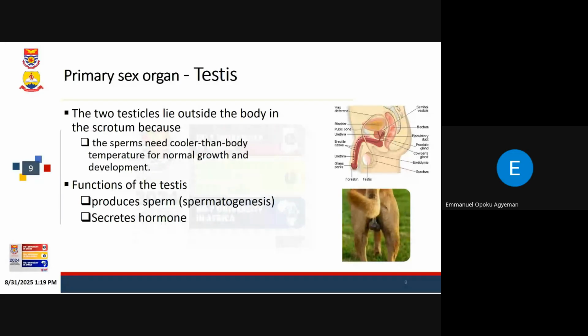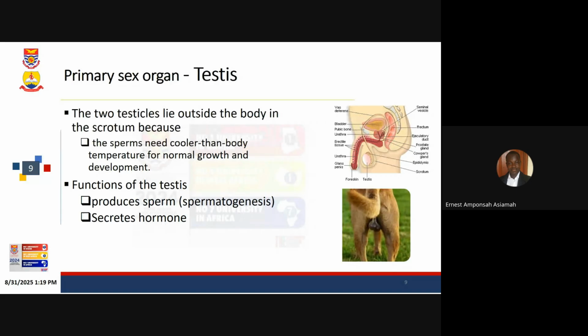What will trigger inhibin to be activated? When you have enough spermatocytes, the purpose is to stop and control spermatogenesis.